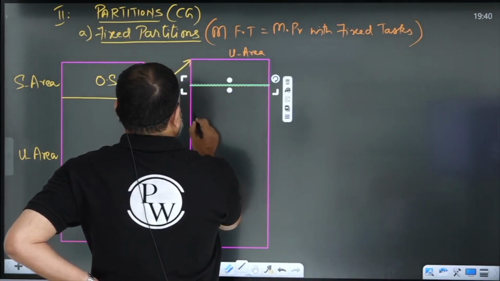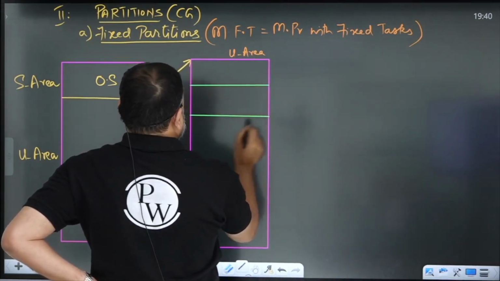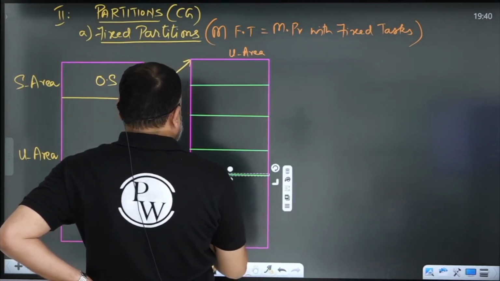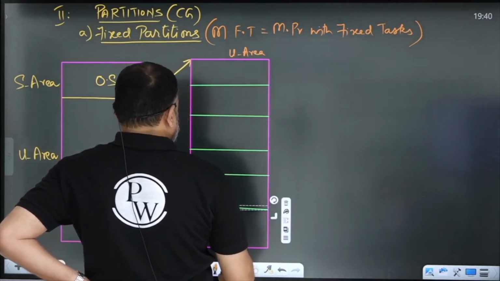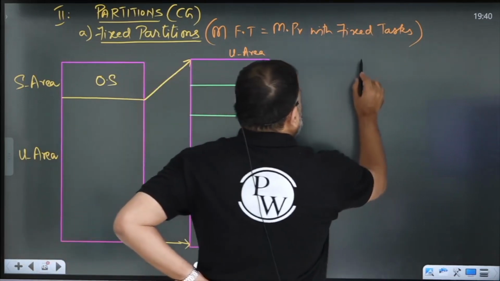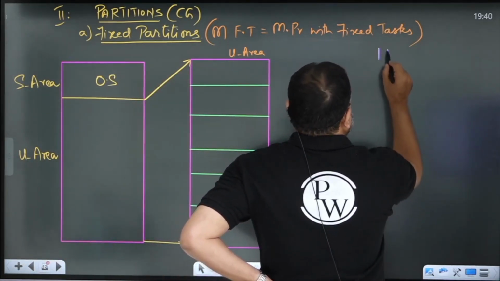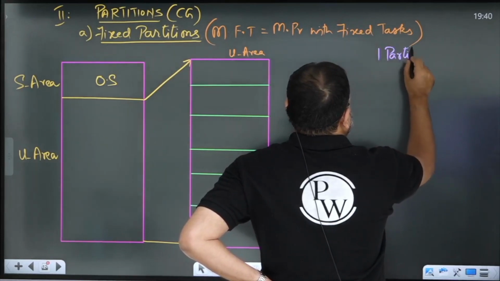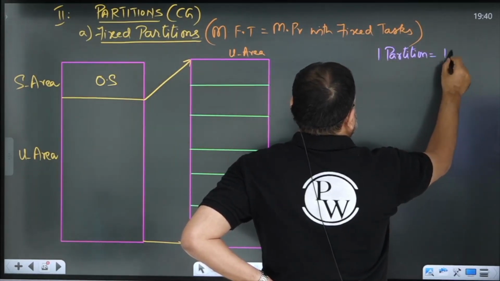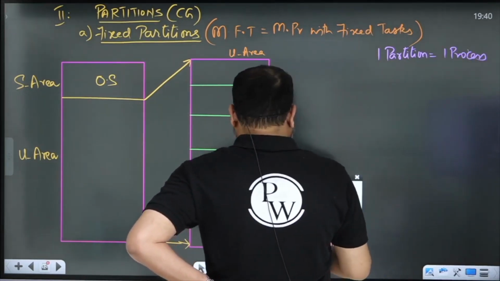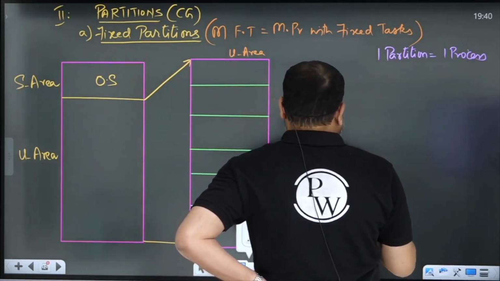This is one partition, this is another partition, this is another partition, this is still another partition, and so on. The philosophy, the ideology, the rule you can say, is one partition, one process.